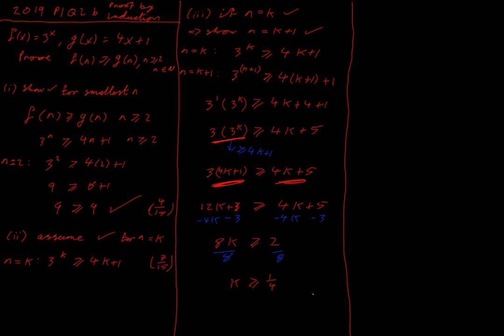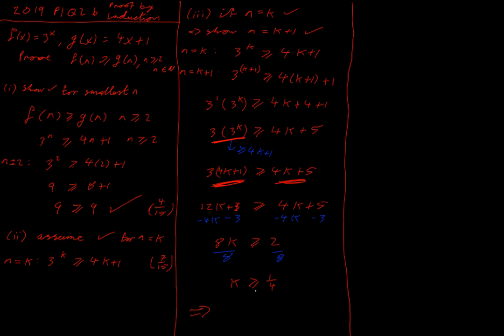Now, if it's true when k is greater than or equal to 1/4, it is definitely true when k is a much bigger number, when k is greater than or equal to 2, which is actually what we are interested in. The original relationship kicks in when our k value would be 2 or greater.